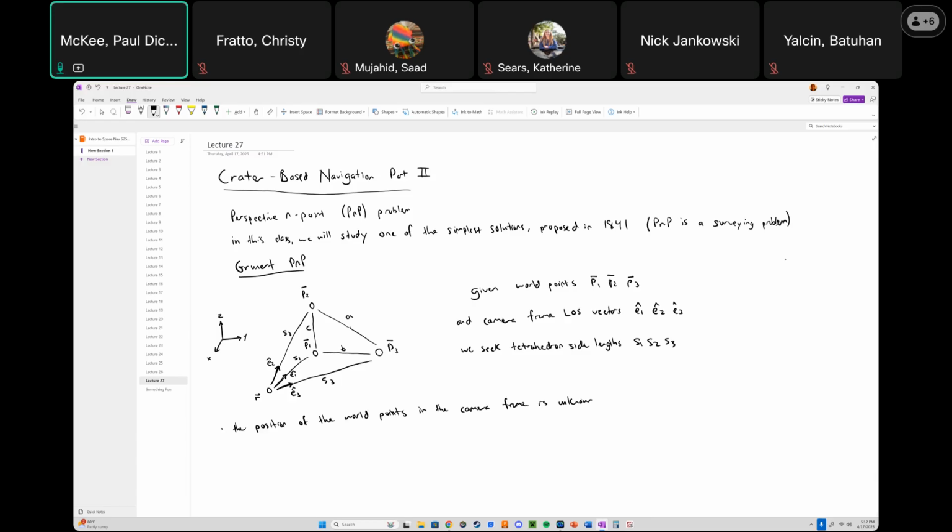So you can imagine if here's your observer, you see one point along this line could be here, one point along this line could be here, and then another point along this line could be here. But it could just as easily have been here, here, and here. You don't know the positions, you just know the directions, right? I want to be clear about that. However, we do know the world coordinates of these points, P1, P2, and P3. And I'll say side lengths A, B, and C are frame independent.